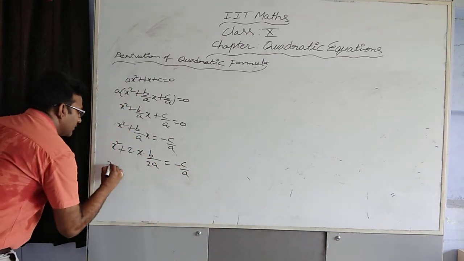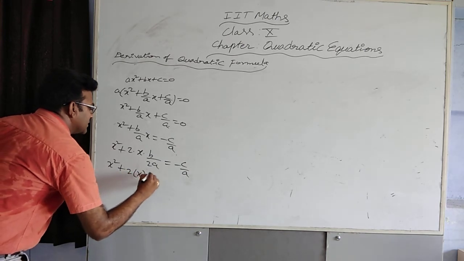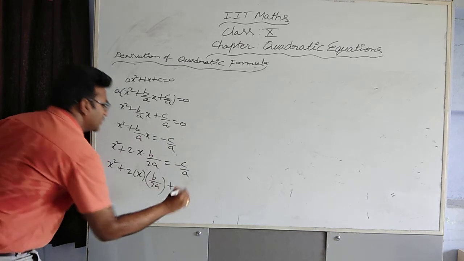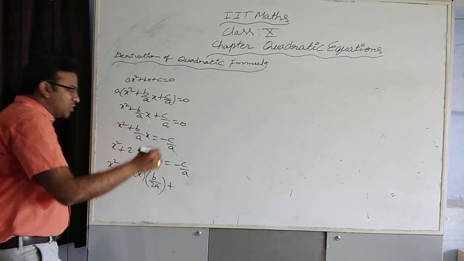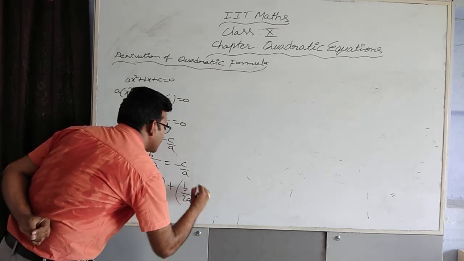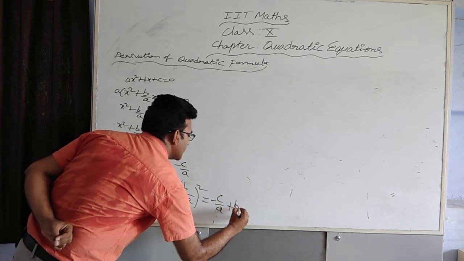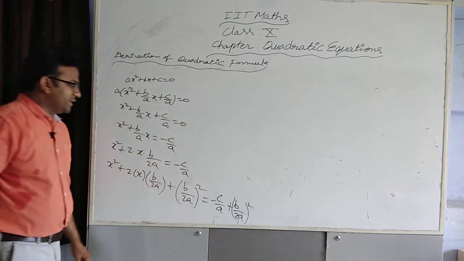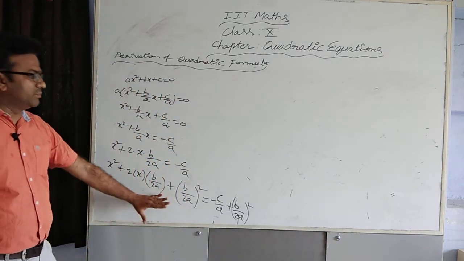I want to add b by 2a whole square on both sides, equal to minus c by a plus b by 2a whole square. Okay, now it is looking like the a plus b whole square form.